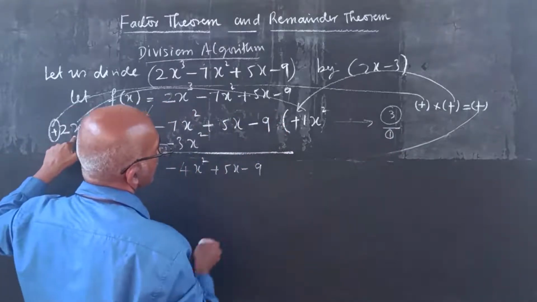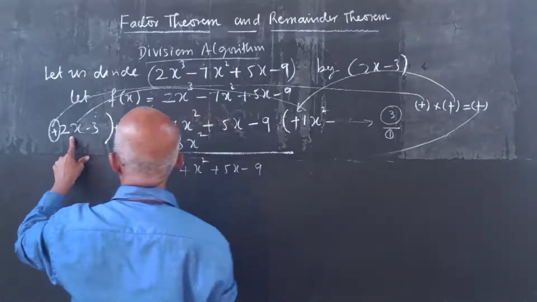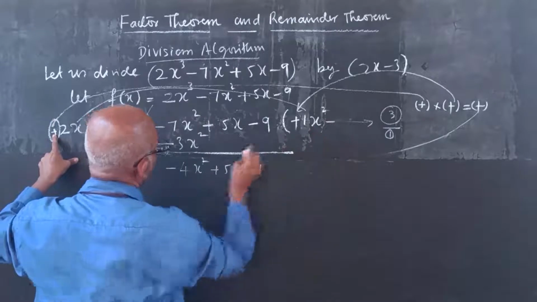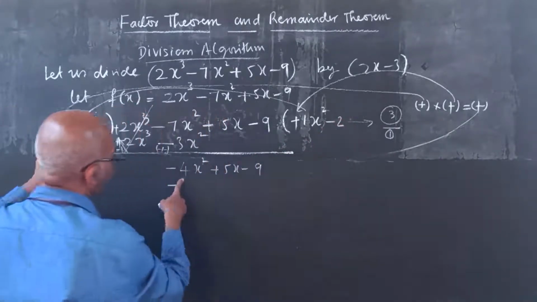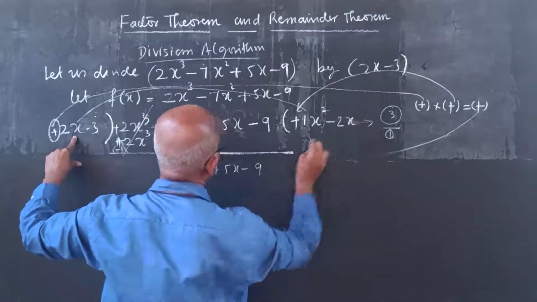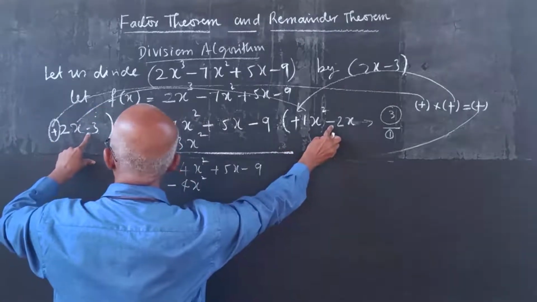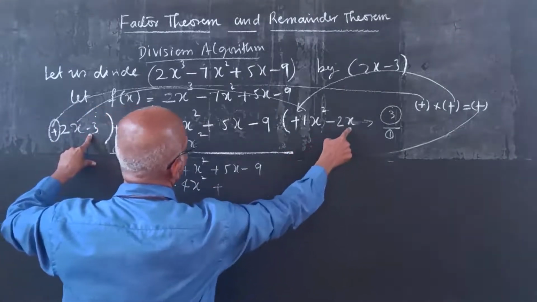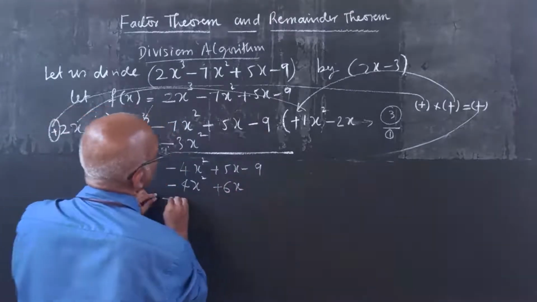Now I have divided. Next, I should write minus here because plus is there. So plus into minus, minus. 2x is there, so I should write 2, so that I will get 4, and x is there. If I write x, then I will get x square. Next, minus into minus, plus 2x into 3, that is 6x.